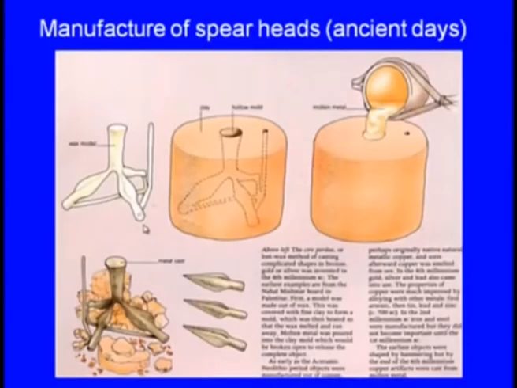After the wax has drained out, there is a cavity inside. Now, what is the shape of that cavity? The shape of that cavity is similar to the wax model which they made in the beginning. Now, they melted the metal, maybe iron or bronze, and poured it through this hole.